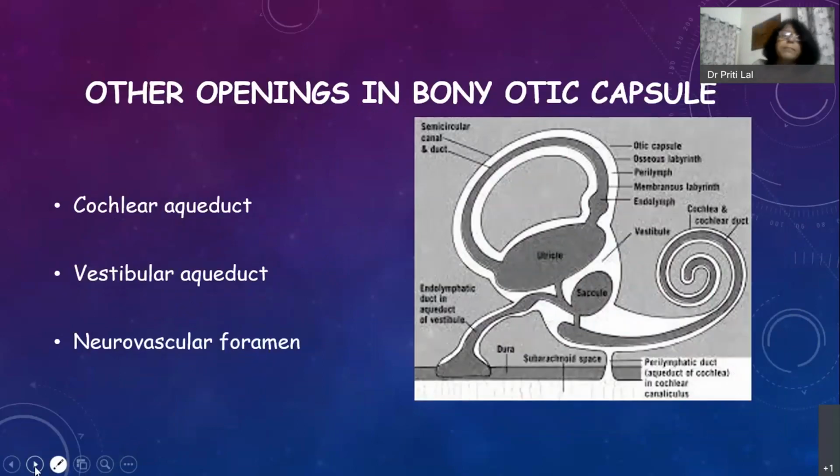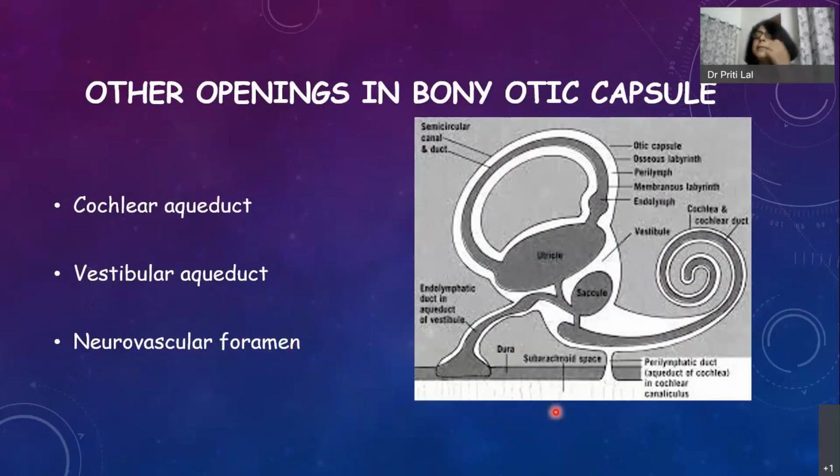Now, there are some non-functional openings, however, in this bony otic capsule, namely the cochlear aqueduct, the vestibular aqueduct, and various neurovascular foramina.